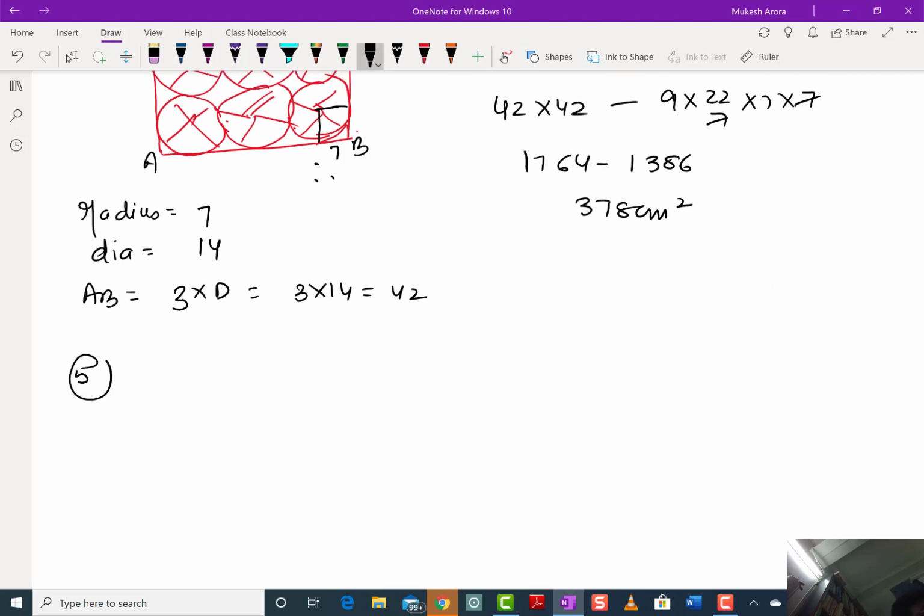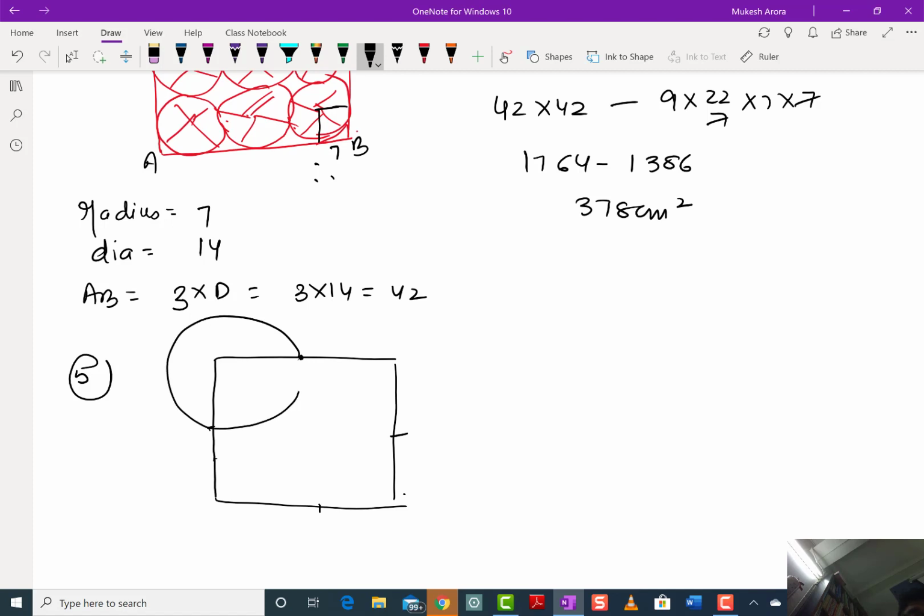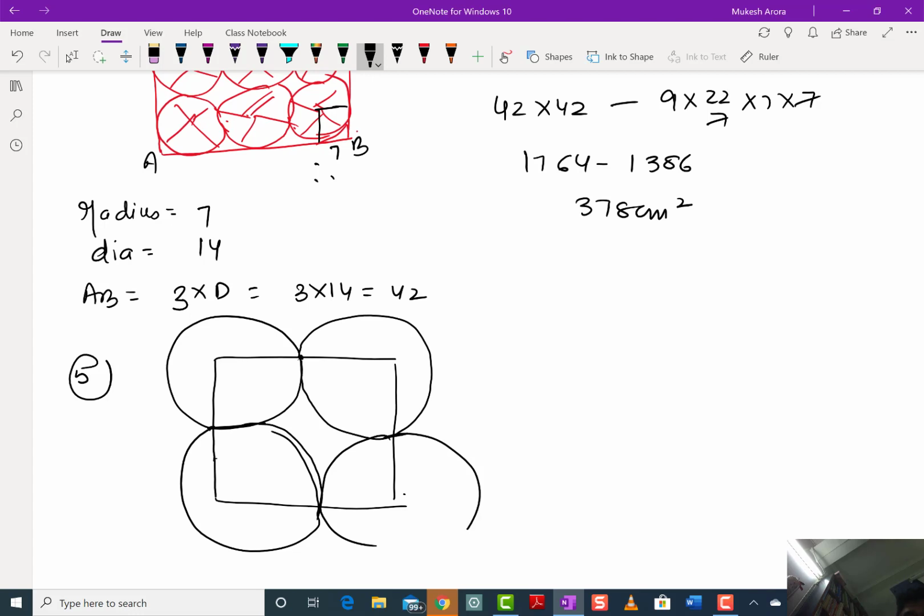Question number 5. Question number 5 is ABCD is a square with four circles. Find the area of the shaded region.